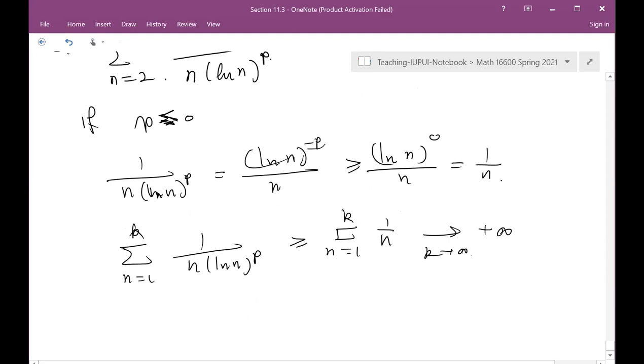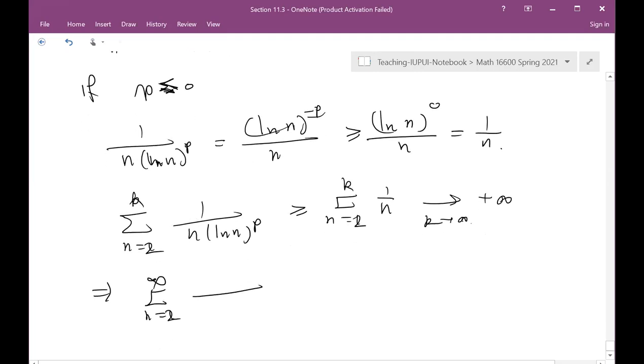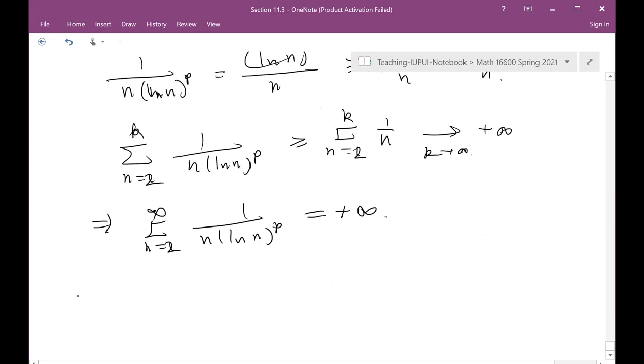So this implies divergence. I'm going to start from 2, because n cannot be 1, otherwise there would be a 0 in the denominator. So that's why we assume right now that p is greater than 0.